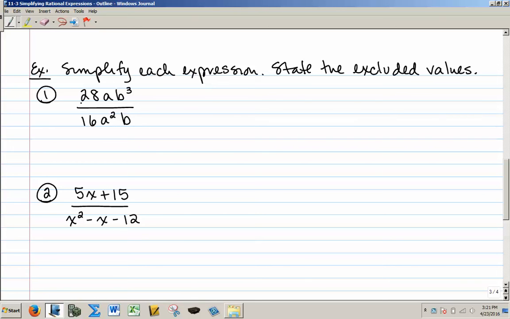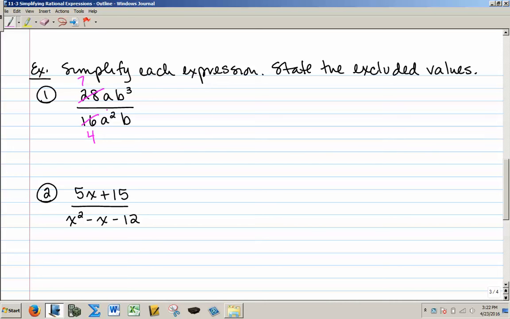So here I have 28ab cubed over 16a squared b, and I think we've done examples like this before. We have no addition or subtraction, it's all multiplication, so I can just go through and cancel my coefficients, my a's and my b's. 28 over 16, 4 goes into both of those, so this will become a 7, and this will become a 4.